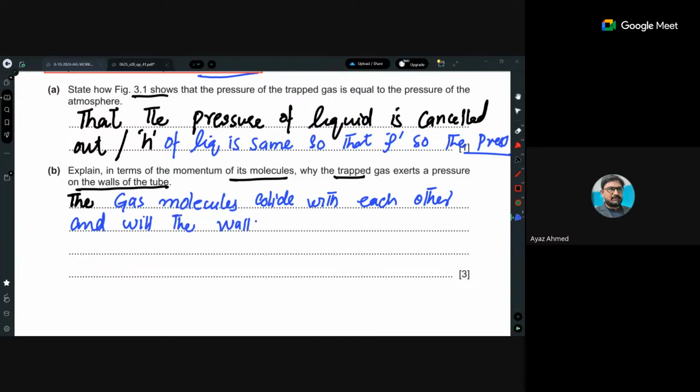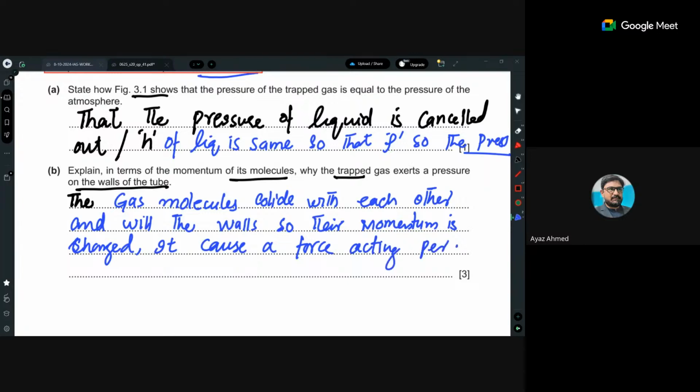Are you there? Yes, sir. Their momentum is changed. When their momentum is changed, it causes a force acting per unit area, which is equal to pressure, which results in pressure.